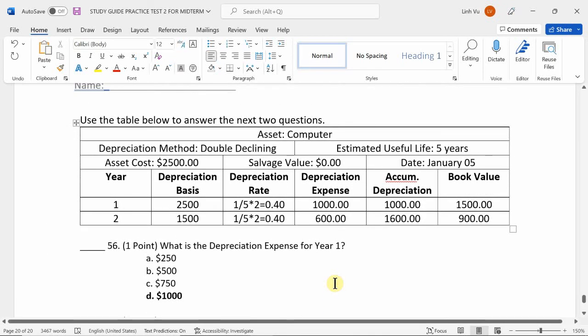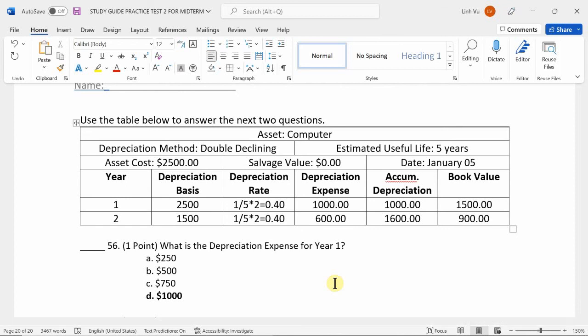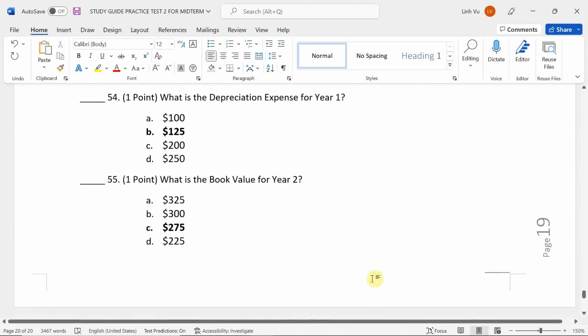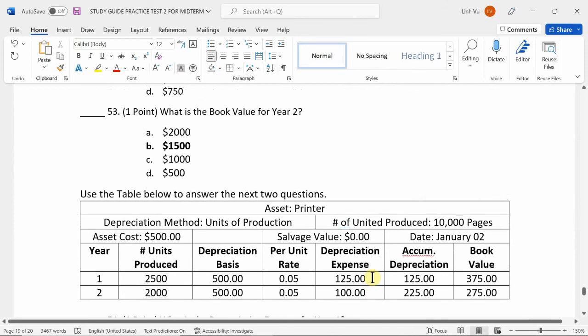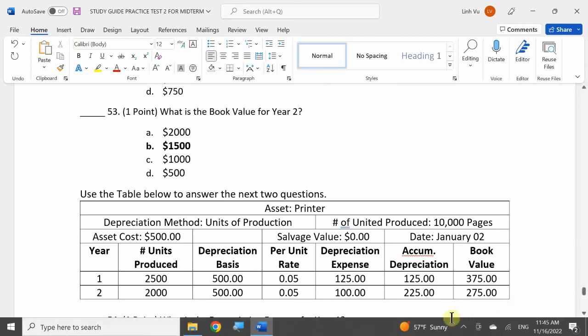I'm not going to have you fill out a whole 5 years worth of depreciation. I'm only going to test you maybe 1 or 2 years for every single depreciation method that we've learned. And same thing with the periodic and perpetual tables, simplified numbers.